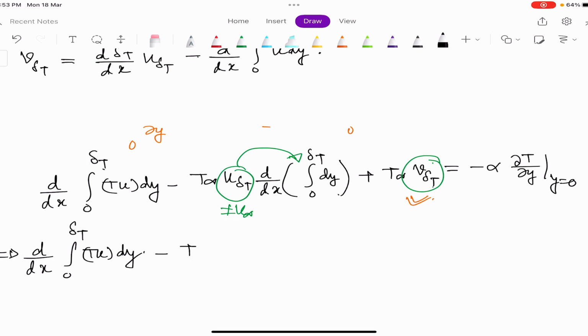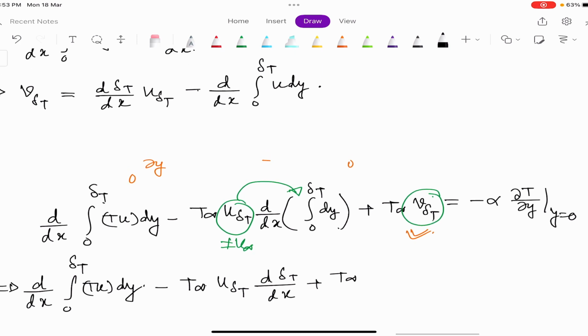I have T into u at delta t, d delta t dx, plus T infinity into, instead of v at delta t, I can write d delta t dx into u, minus d/dx of the integral of u dy.